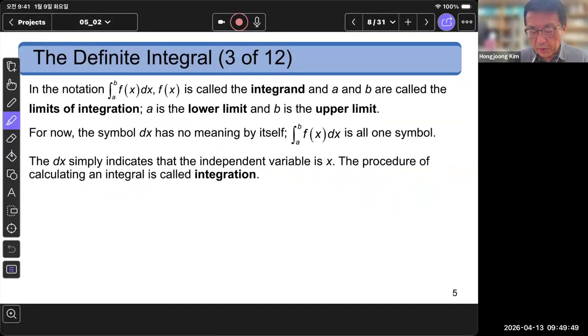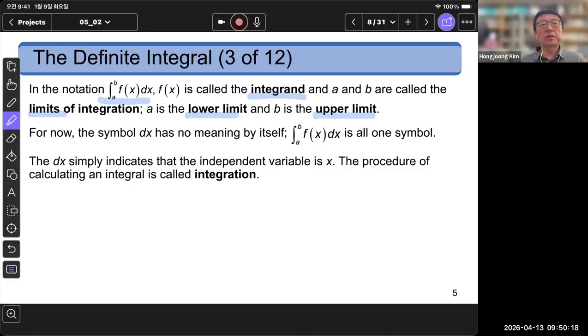Given this notation, f of x is called the integrand of this definite integral. a and b are called limits of integration. In particular, a is called the lower limit, and b is called the upper limit.